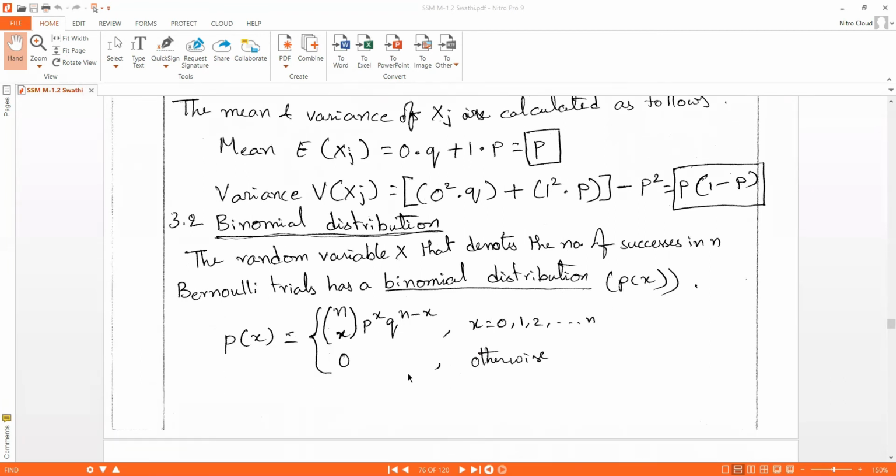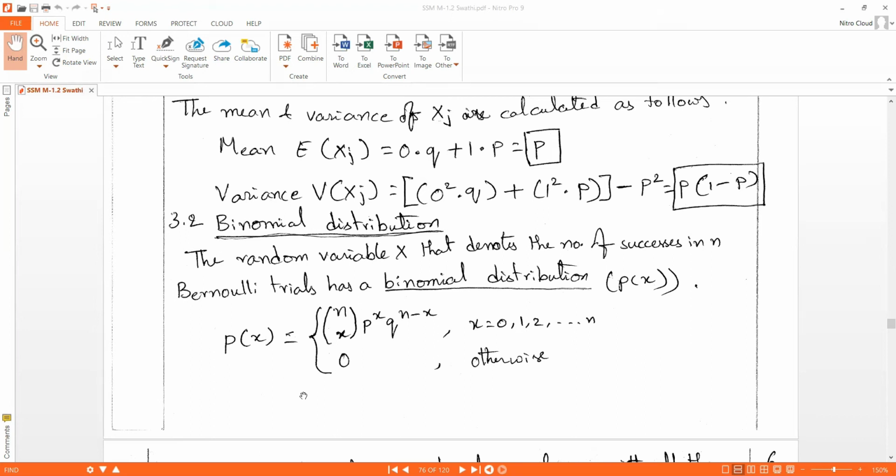Next we'll see the binomial distribution. The random variable x that denotes the number of successes in n Bernoulli trials has a binomial distribution p(x). The binomial distribution p(x) can be calculated using this equation: p(x) equals n choose x times p to the power x times q to the power n minus x, where x equals 0 to n, otherwise it is 0.